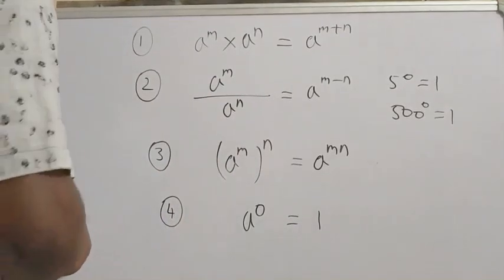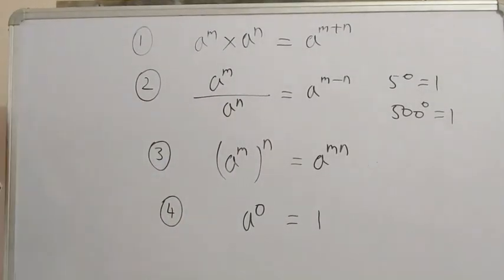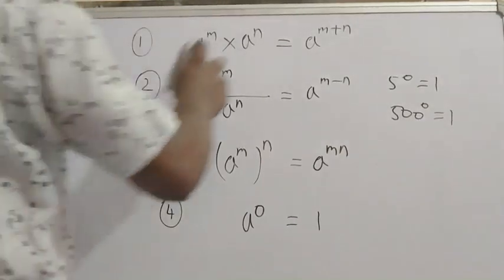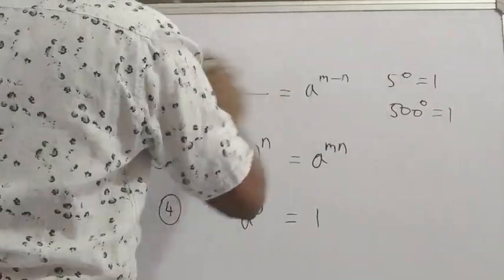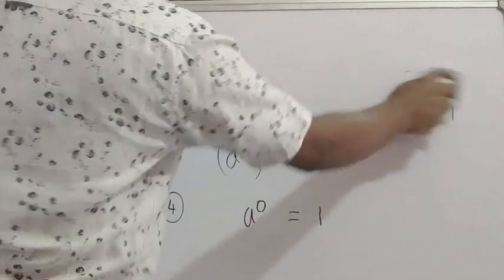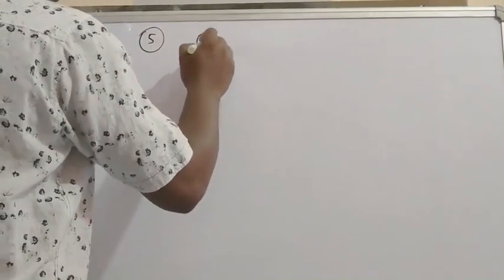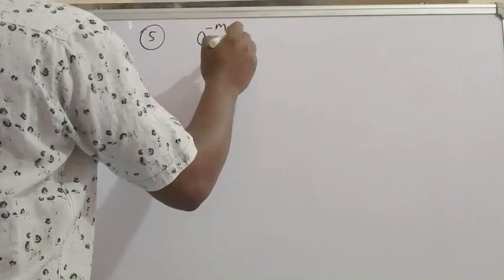Next, the fifth formula. Suppose the power is given in the negative form. In all the earlier cases the power was in the positive form. Suppose in the fifth case, the power is given in the negative form, a to the power minus n.